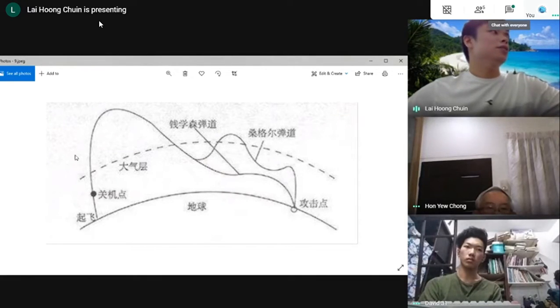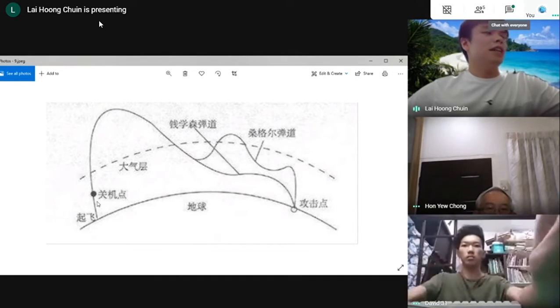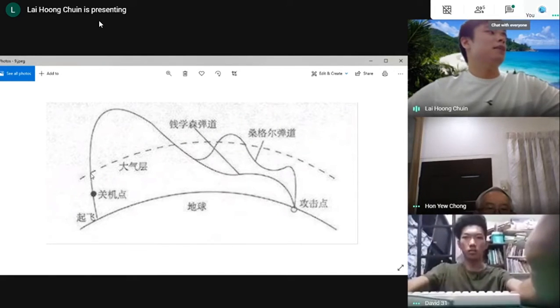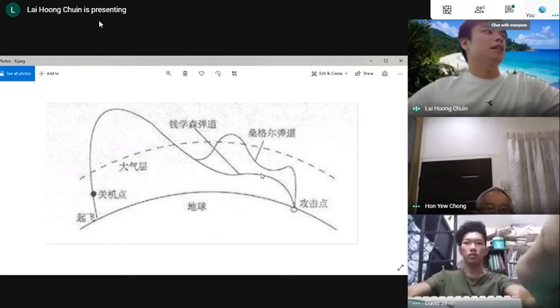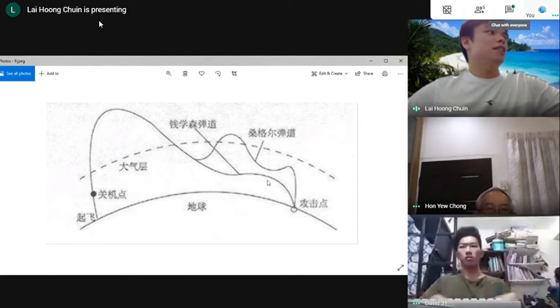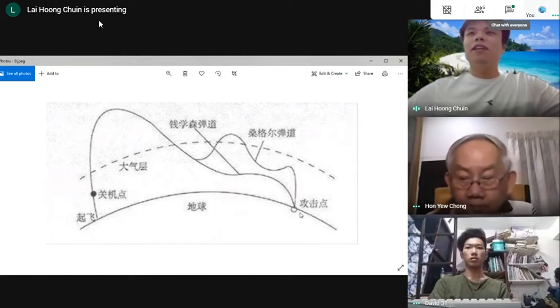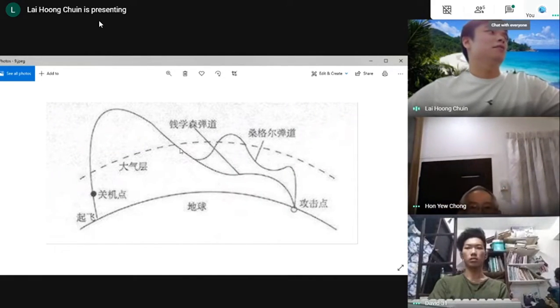We call it the ballistic trajectory, for ballistic missiles. We send the missile or the rocket up, go into space, and then re-enter, coming back. This is the traditional one, designed by the father of aerospace in China, Professor Qian Xuesen, so it's named after him, because this ballistic track was designed by him.